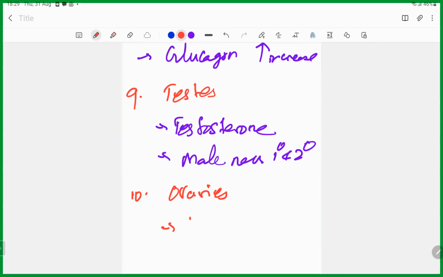Estrogen, or you can say progesterone. Females have a menstrual cycle.